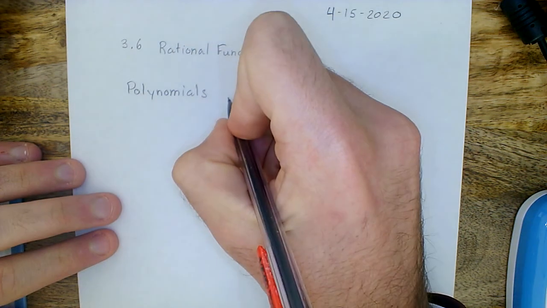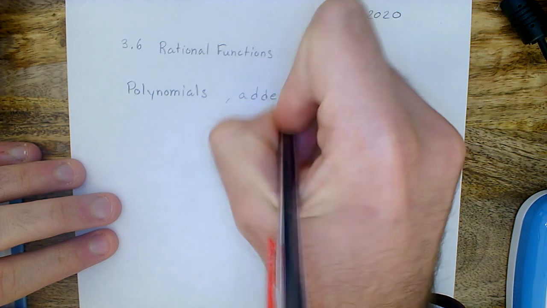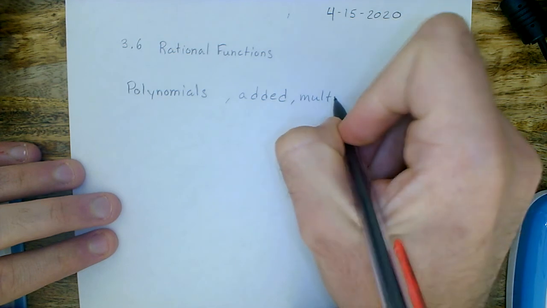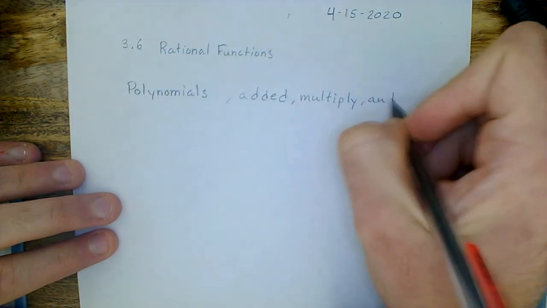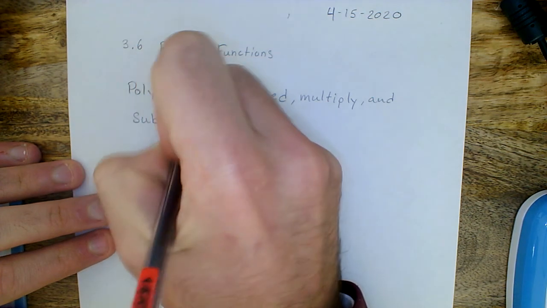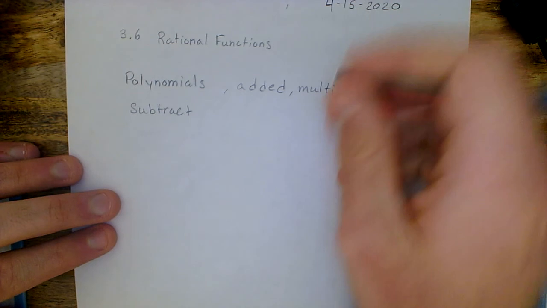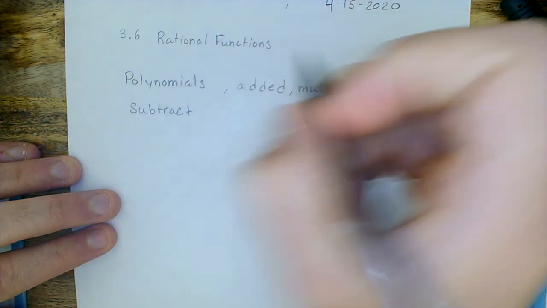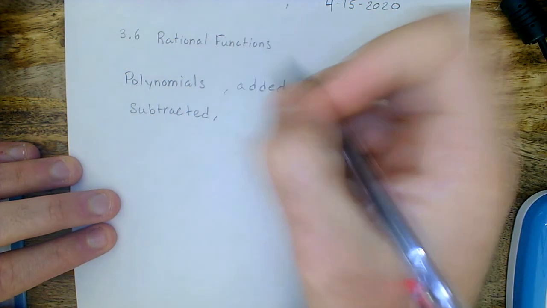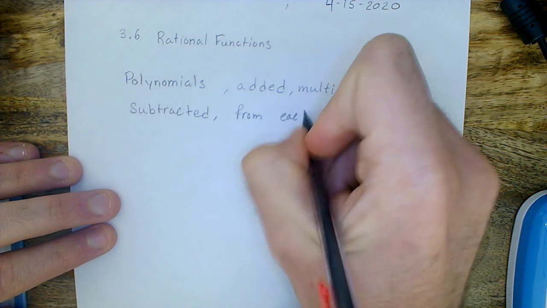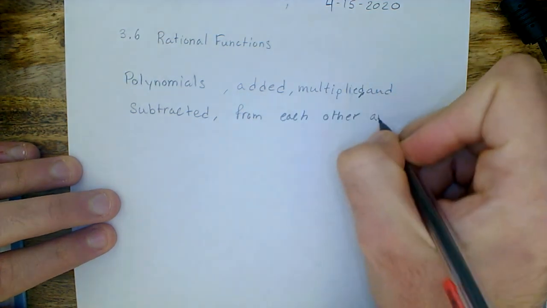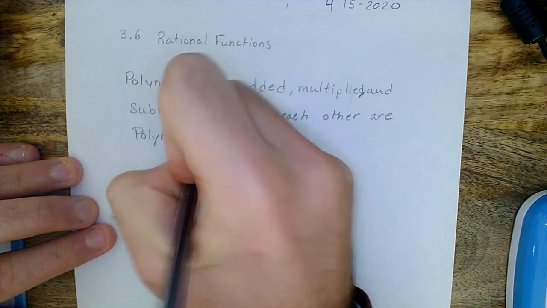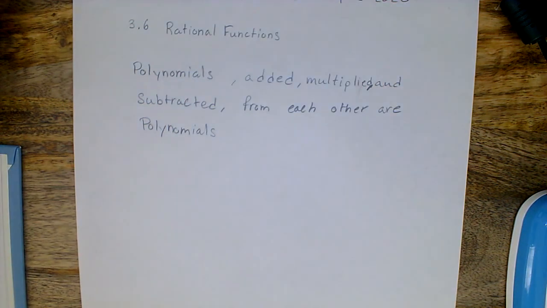Okay, so it starts out with the fact that with polynomials, if you add, multiply, and subtract polynomials: if you add two polynomials together, it stays a polynomial.